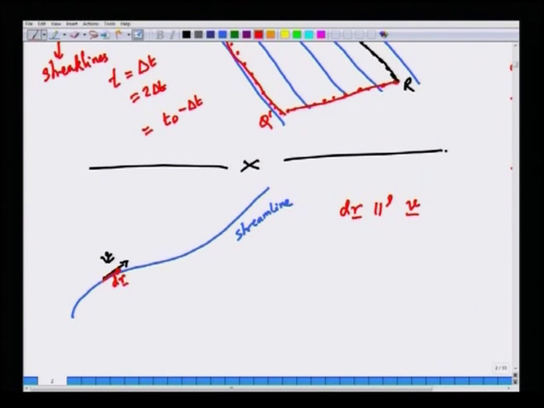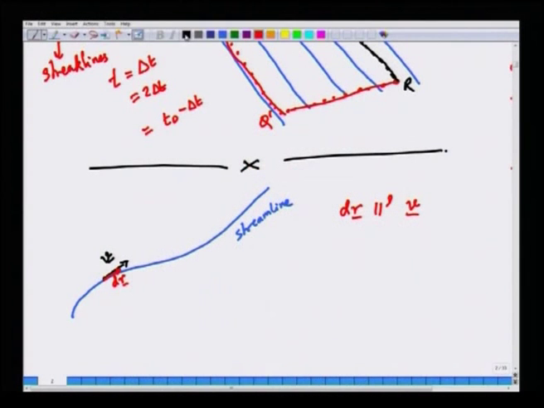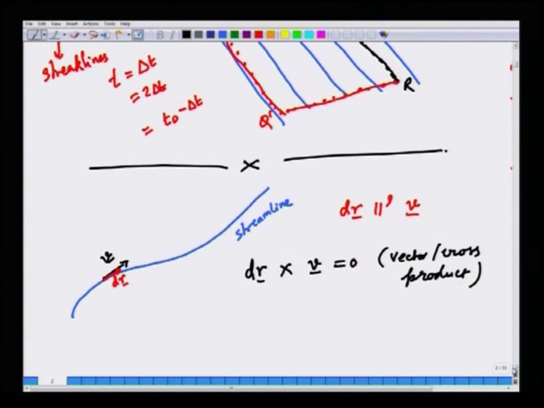At any given point, if I take an infinitesimal step along the streamline, that displacement vector will be parallel to the velocity vector. Now, if two vectors are parallel, their cross product is 0. So, dr cross v, the vector product, is 0.